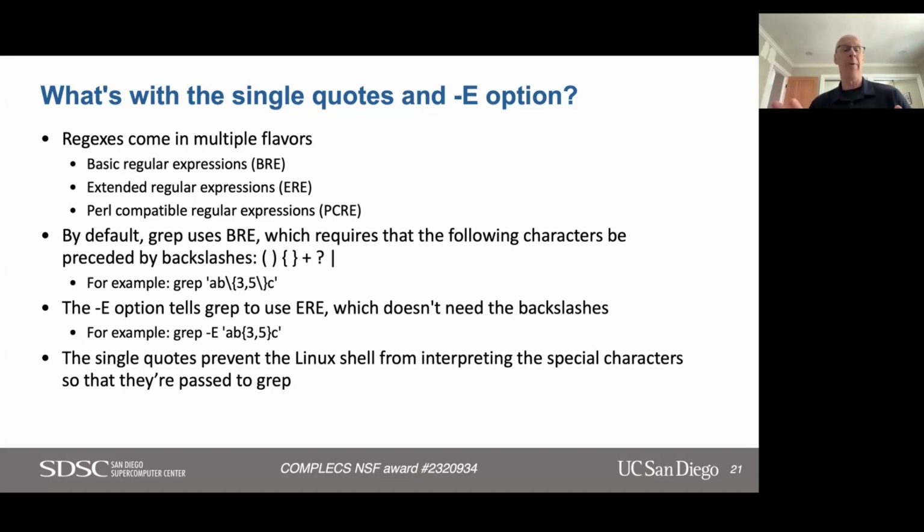The -E option tells grep to use the extended regular expressions, which don't need backslashes. And then finally, the single quotes are going to prevent the Linux shell from interpreting the special characters so they're passed to grep. So that, for example, a star is not interpreted as a Linux wildcard.